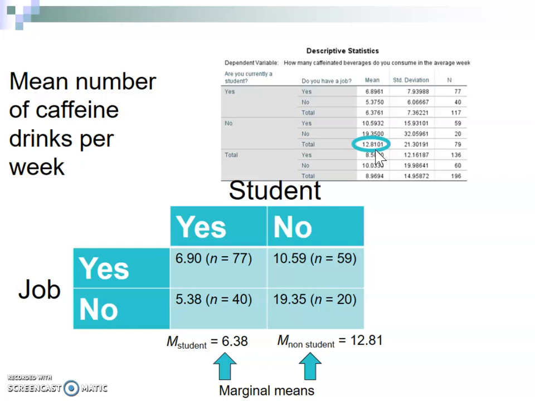That is the marginal mean for not being a student. These two marginal means are what are being compared in the main effect hypothesis test. So the main effect is going to compare whether this mean is significantly different from that mean.